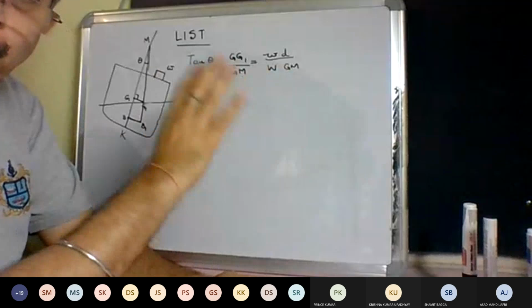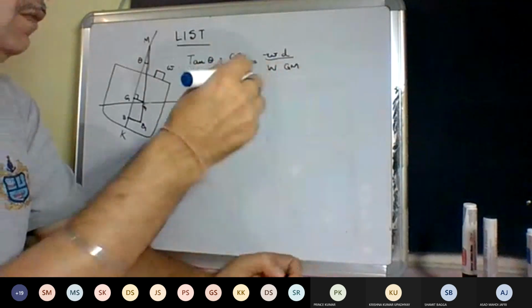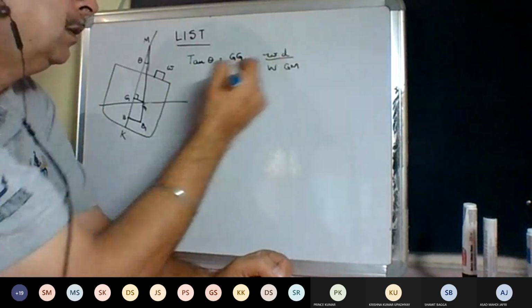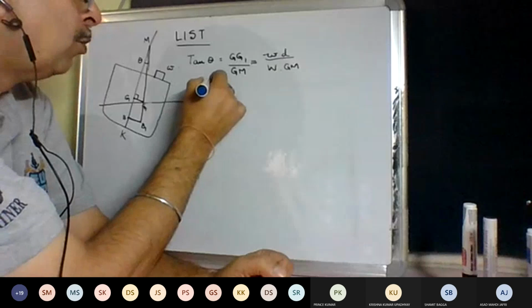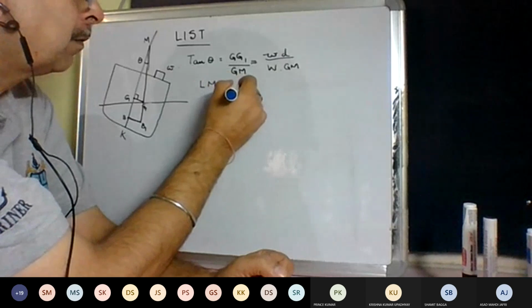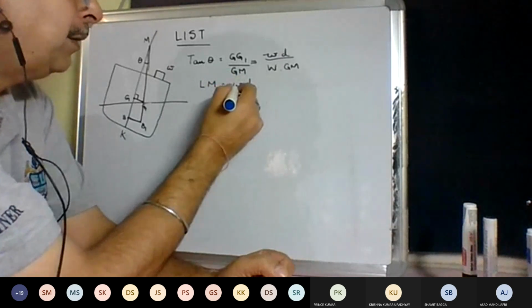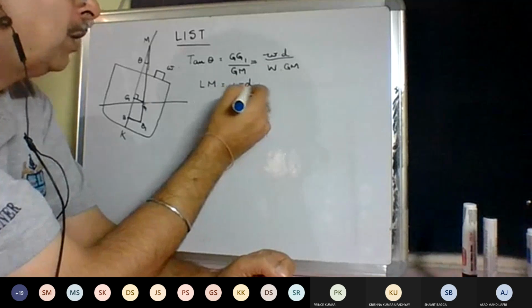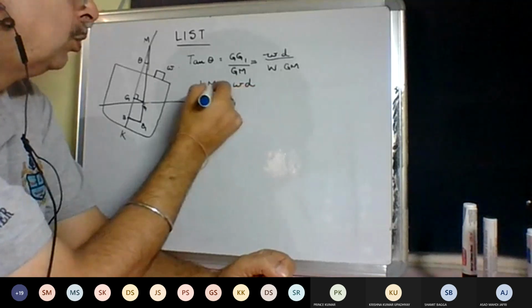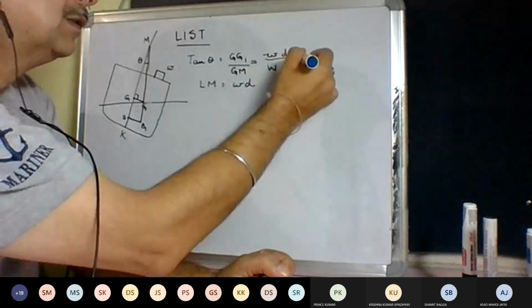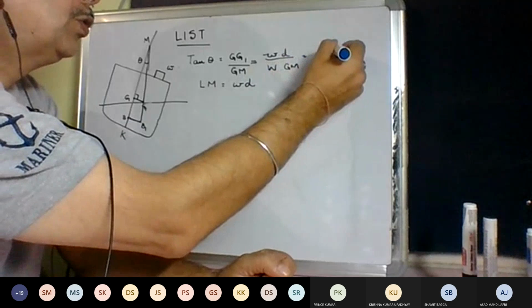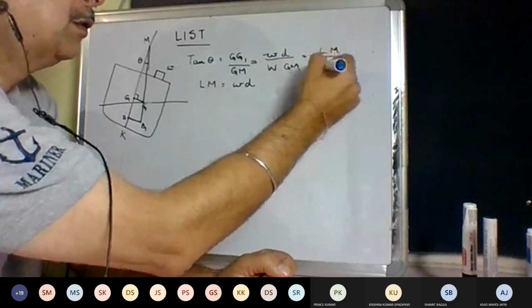And GM is the GM fluid of the vessel. This W into D is also called the listing moment. Weight into distance, lever, is called a moment. So listing moment.